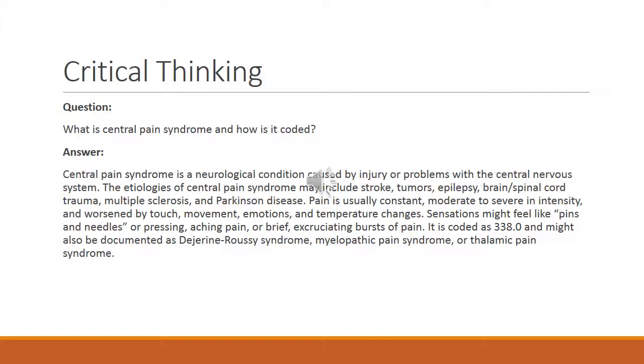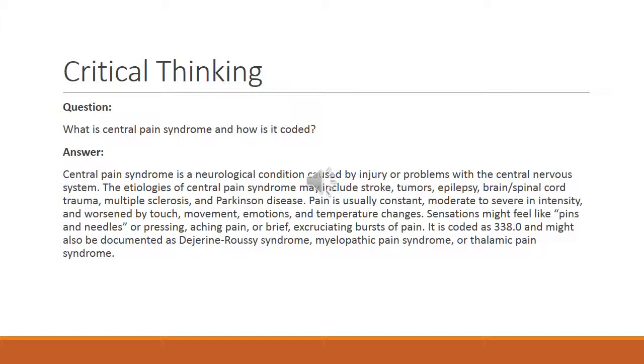Pain is usually constant, moderate to severe in intensity, and worsened by touch, movement, emotions, and temperature changes. Now, sensations might feel like pins and needles, or pressing, aching pain, or brief excruciating bursts of pain.